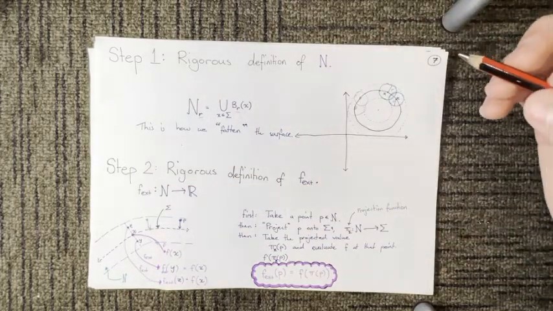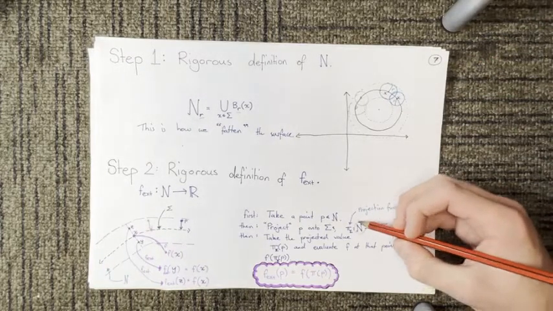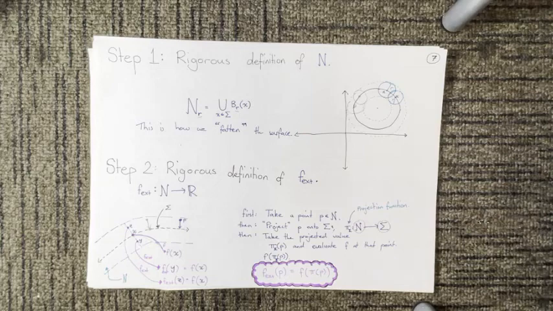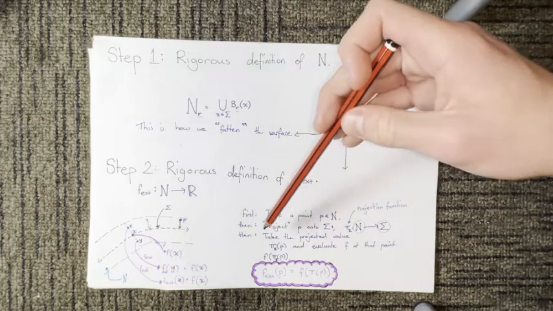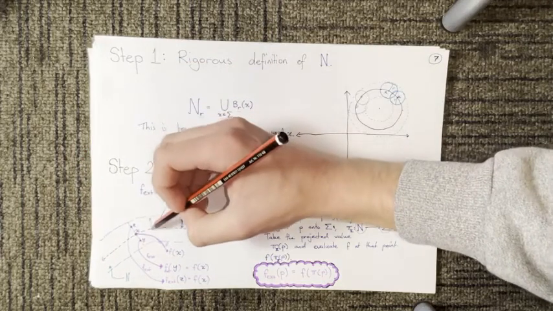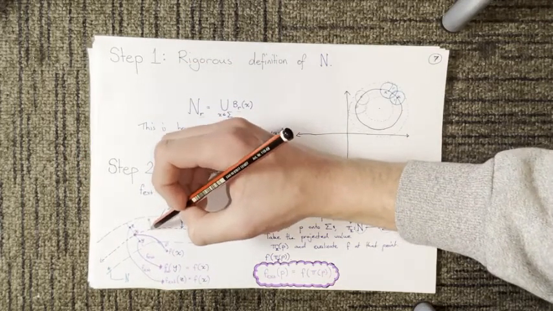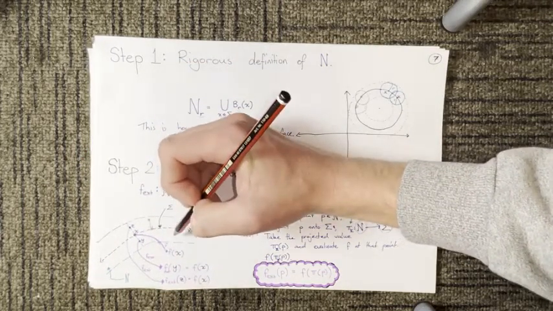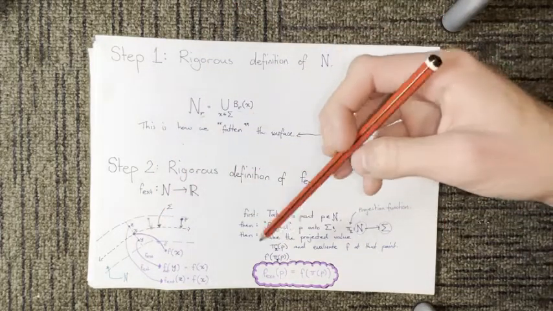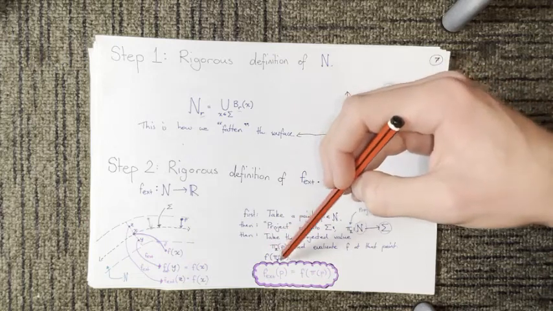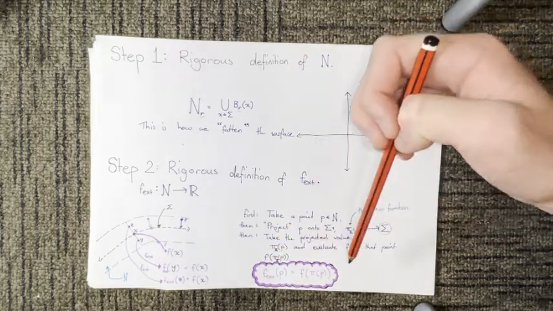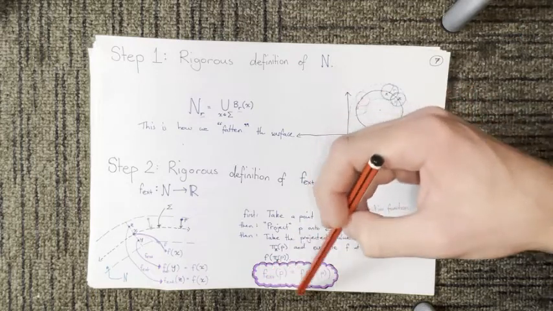So it's going to be a function from the neighborhood, N, to our hypersurface, sigma. Then we take our point, which was in this fattened area, we project it down, and then we take that value and we evaluate it using our original function f. And it's really that simple. So it's the composition of two functions. First the projection and then our f. So that's the definition of the extension of f.